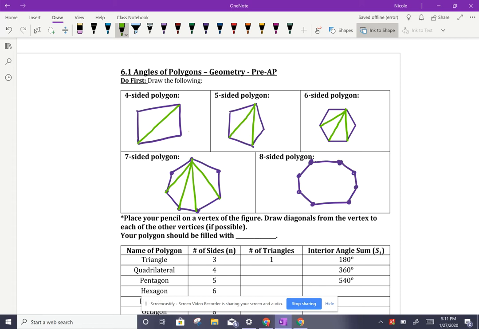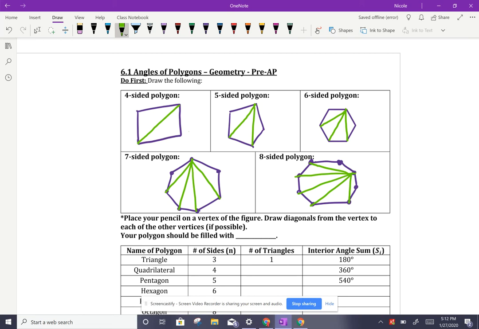And my eight-sided polygon, 1, 2, 3, 4, 5. Ooh, I do not want this there. Go back. I'm not trying to draw a shape. There we go.